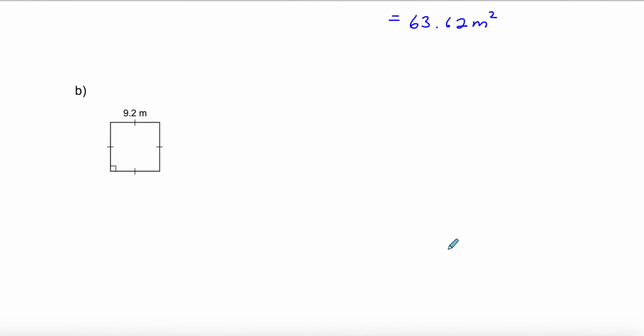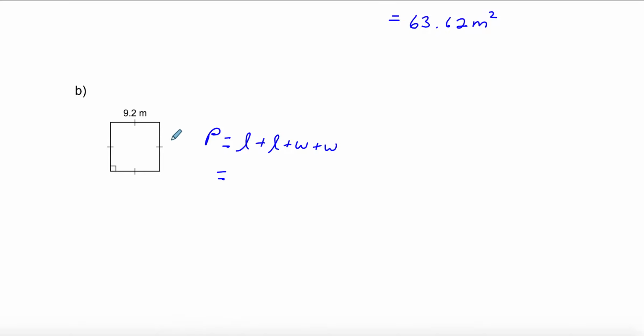Looking at this shape, this is a rectangle, but it's a special rectangle. It's a square. For the perimeter, when I look at the formula sheet for a rectangle, I could use L plus L plus W plus W. That just means add up all four sides.